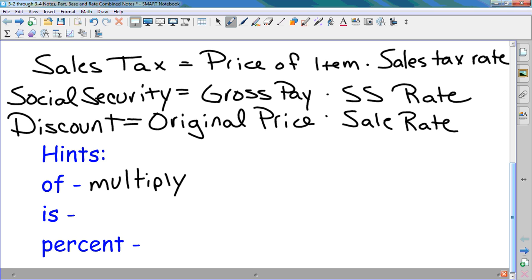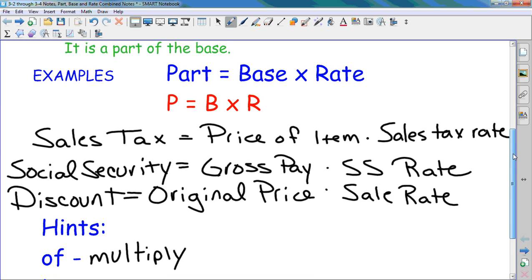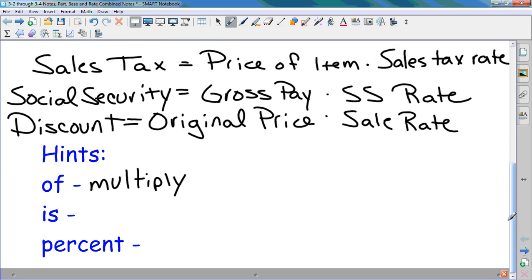Which of these is most likely to be attached to of? Not the rate, the base. The rate and the base are going to be attached, but what I want you to recognize is that most of the time the base is attached to the of.